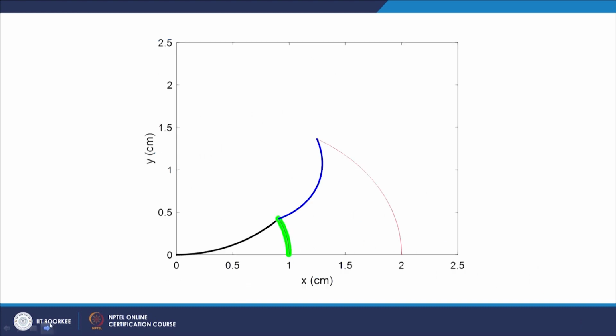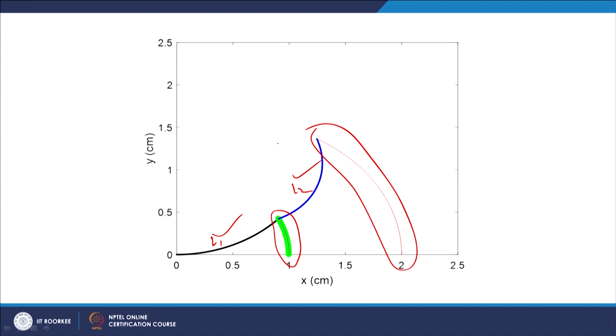Thus, having defined the two link planar flexible manipulator with the kinematics defined, now we have the simulation obtained with this type of flexibility of the links L_1 and L_2, with the traced trajectory of link 1 and the traced trajectory of link 2, which is basically the tip of this two link planar flexible manipulator.